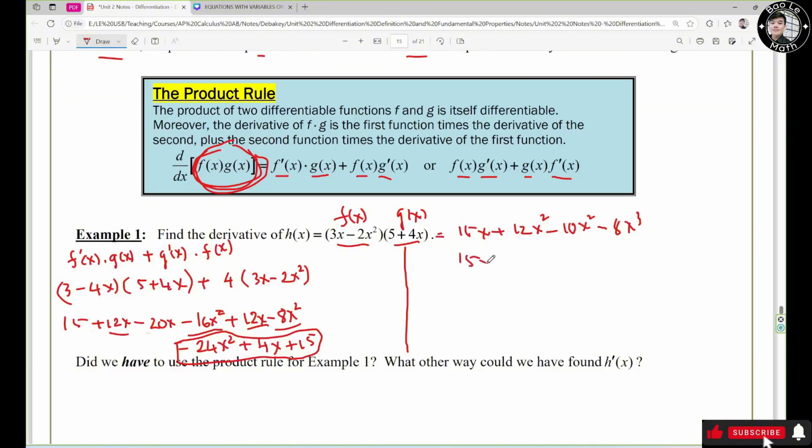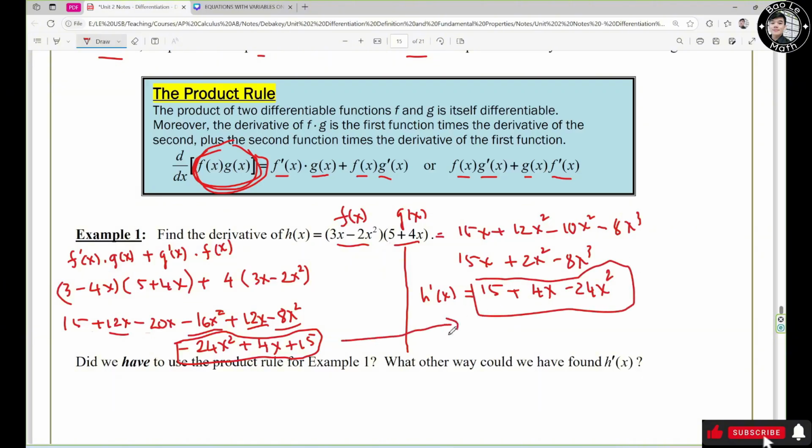It's going to be 15s plus 2s squared minus 8s cubed. Now I'm going to check the derivative. It's going to be h prime of s equals 15 plus 4s minus 24s squared. Alright, both ways give you the same answer, which is right.